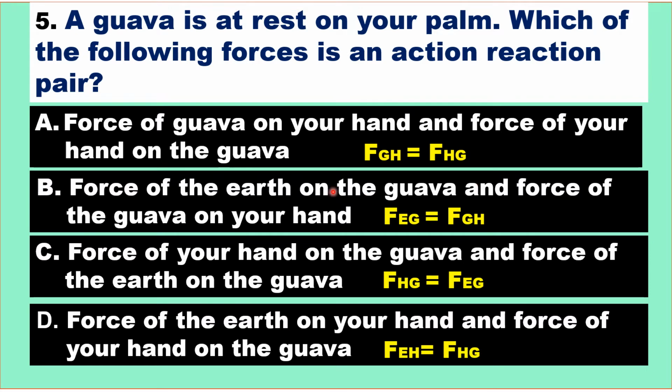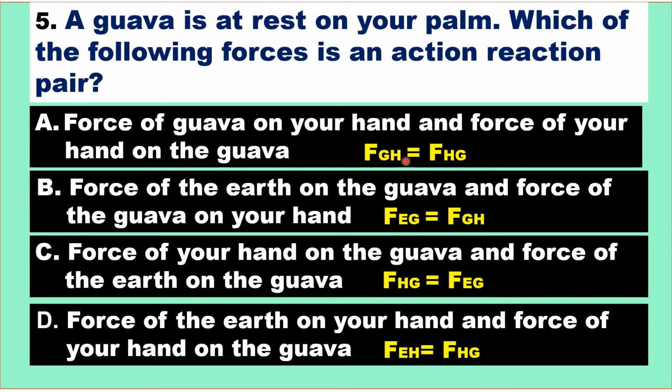Notice that the two forces mentioned in each option are labeled here, and this is what you are supposed to look at carefully, the way we label each action and reaction force.